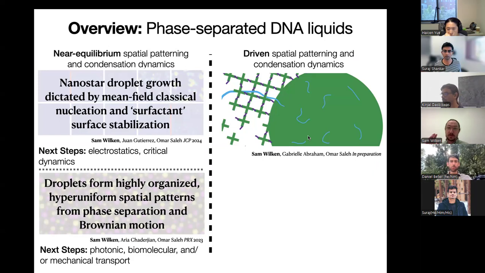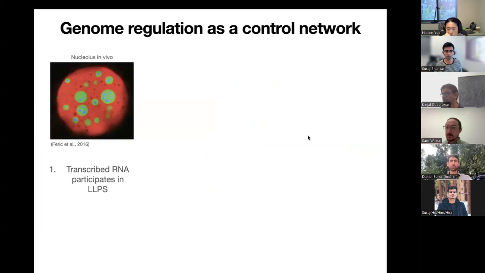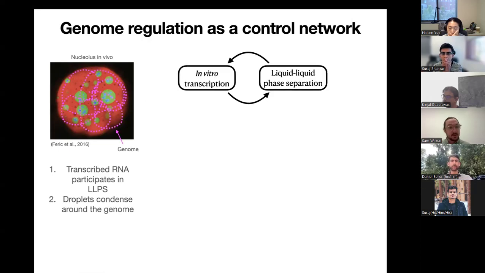Okay, so the motivation for this last one results from this picture that I showed at the beginning of the nucleolus using phase-separated droplets to regulate the genome. So it's known that transcribed RNA participates in these kinds of liquid-liquid phase separated droplets, but also the thing I'm not showing you with this picture is that the genome is all in here as well, and the droplets condense around the genome.